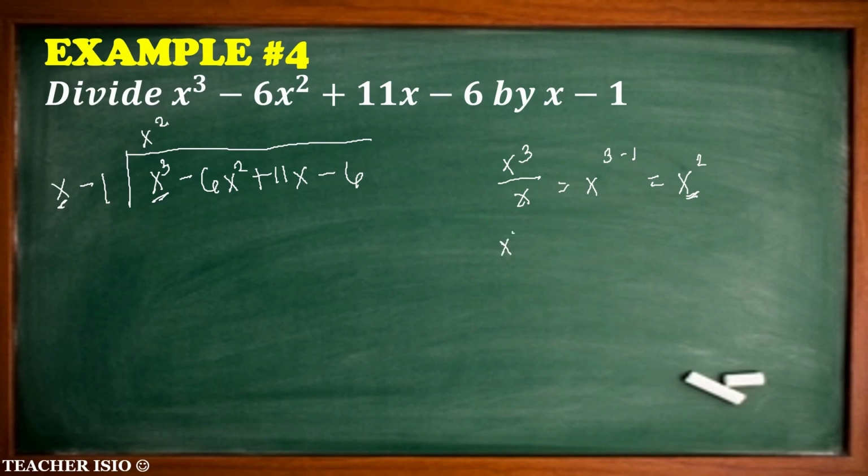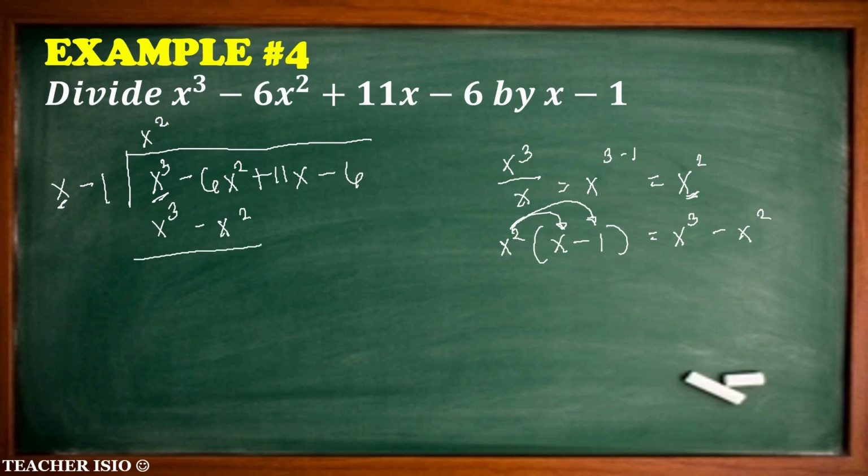So, we have x squared times x minus 1. So, distributive, we have x squared times x, we have x cubed. X squared times negative 1, we have negative x squared. So, x cubed minus x squared. So, i-write lang natin dito.